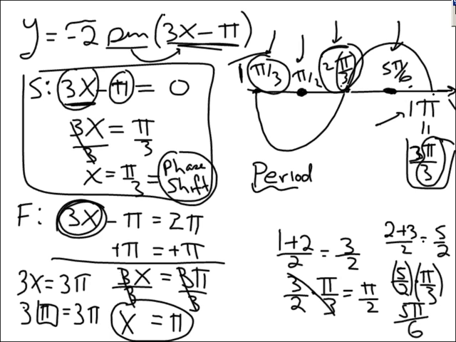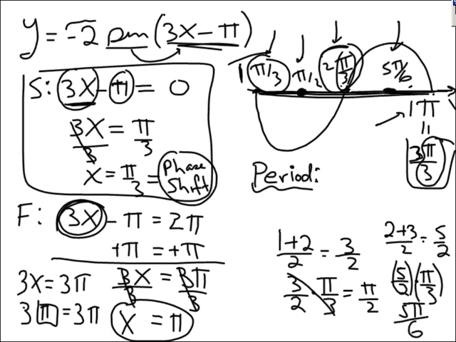Now, I guess there's two definitions for period. When they say find the period, they mean the length of a period. What is this length? Well, the length is always going to be the finish minus the start.